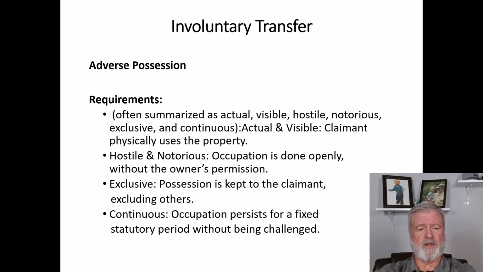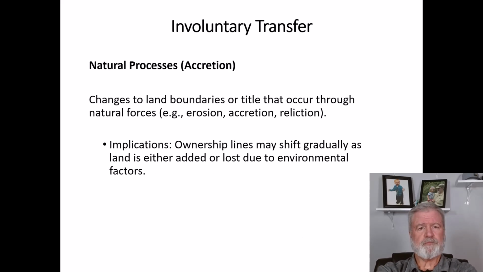Possession is kept to the claimant, excluding others, and the occupation persists for a fixed period of time. Again, all this stuff we've talked about. That's adverse possession. It could transfer through accretion, a natural process.